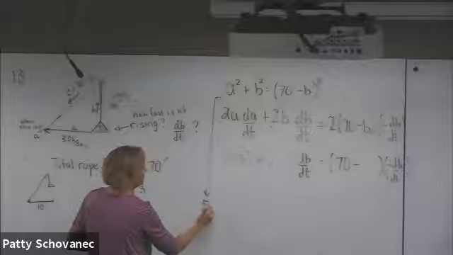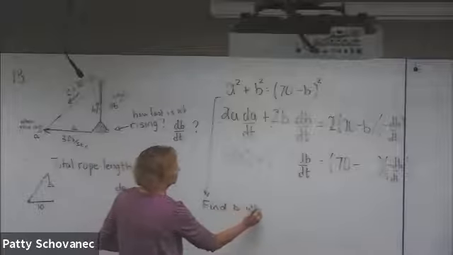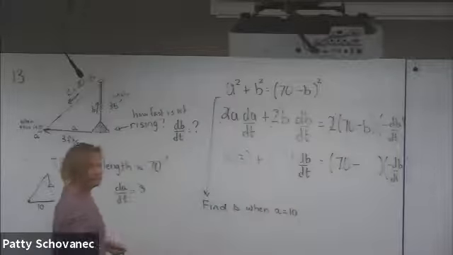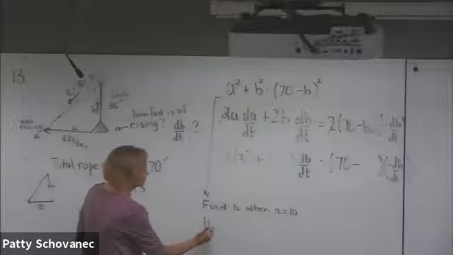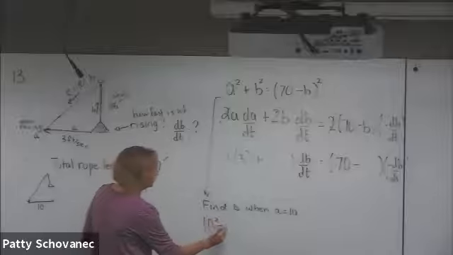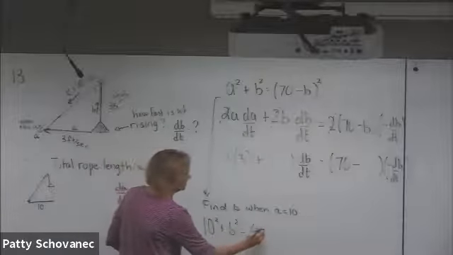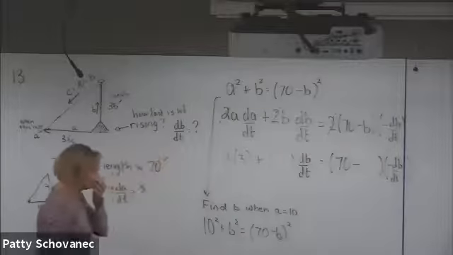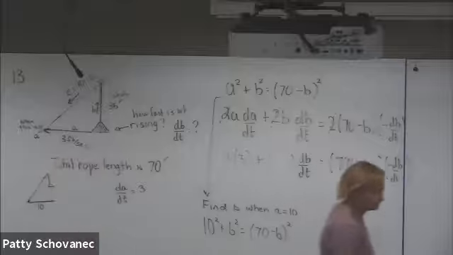Let's find B when A is 10. So we have 10 squared plus B squared is equal to 70 minus B all squared. I can go find that out.